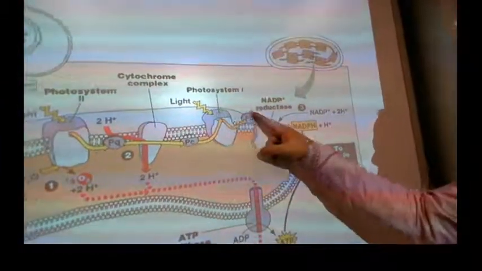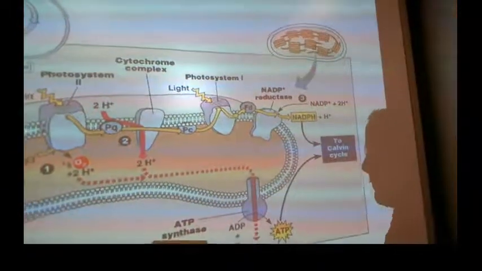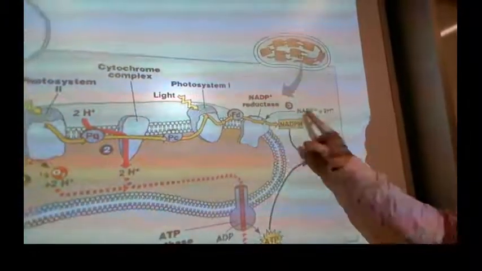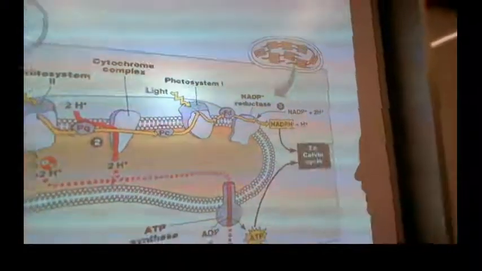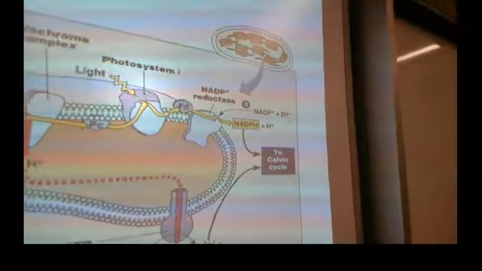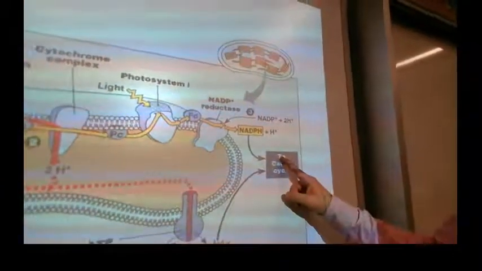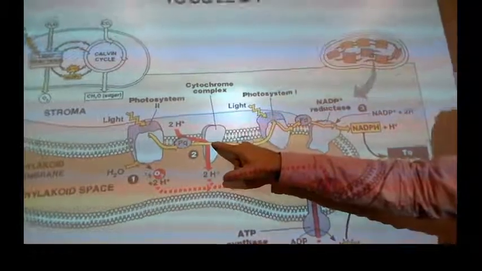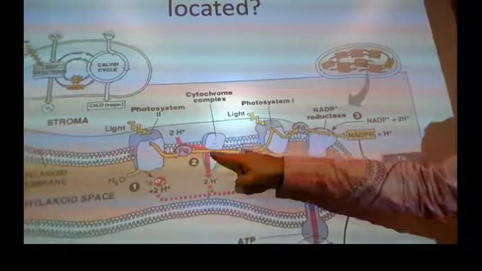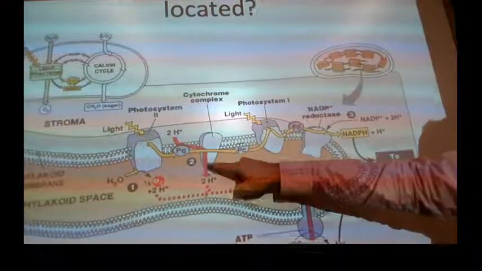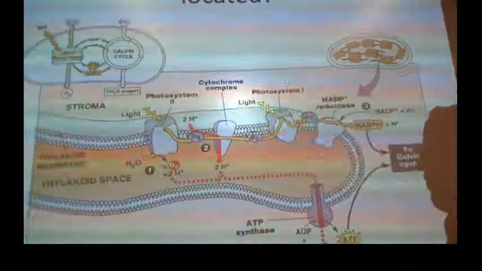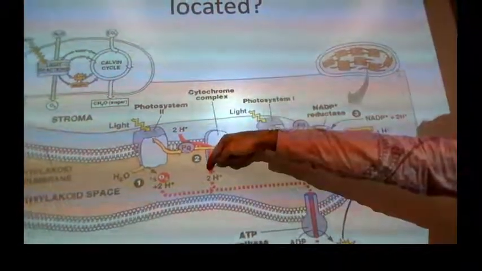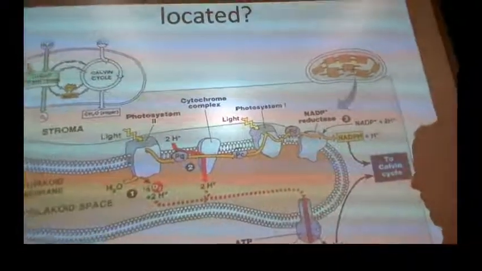And then they're going to move through another series of proteins until they reach NADP plus reductase, which is going to turn NADP plus and 2 hydrogens into NADPH plus a hydrogen, and that's going to go to the Calvin cycle. Along the way, those electrons are going to power a protein pump, which is called the cytochrome complex, which is going to pump hydrogens into what's called the thylakoid space.